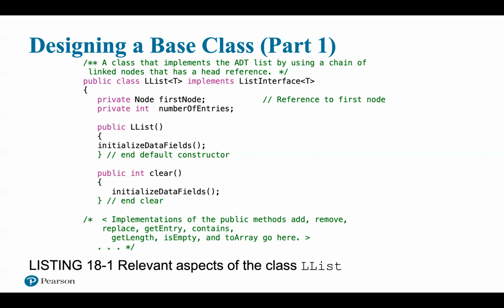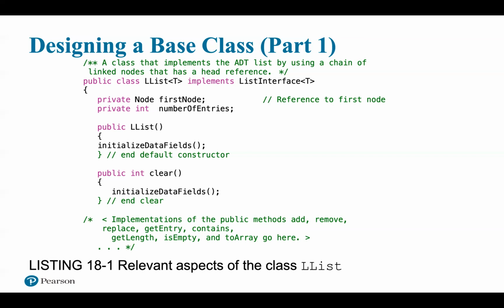The client, however, cannot directly change the list's length. Only other member methods such as add and remove can alter the length. In addition, LList denies the client access to the field firstNode by not providing public accessor or mutator methods for the field. This design is appropriate as firstNode is an implementation detail that should be hidden from the client.